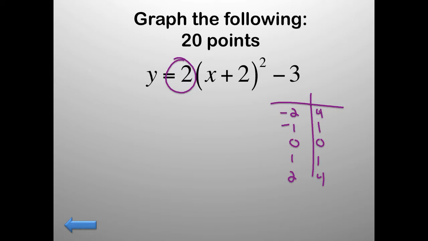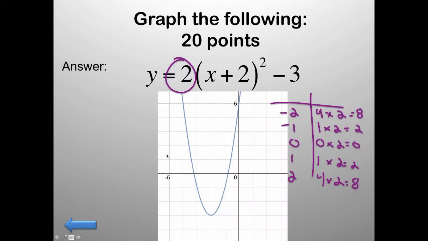And this A multiplies the Y values. You would then have these new Y values. You would graph those and then move this left 2, down 3. And you should get a graph that looks like this.